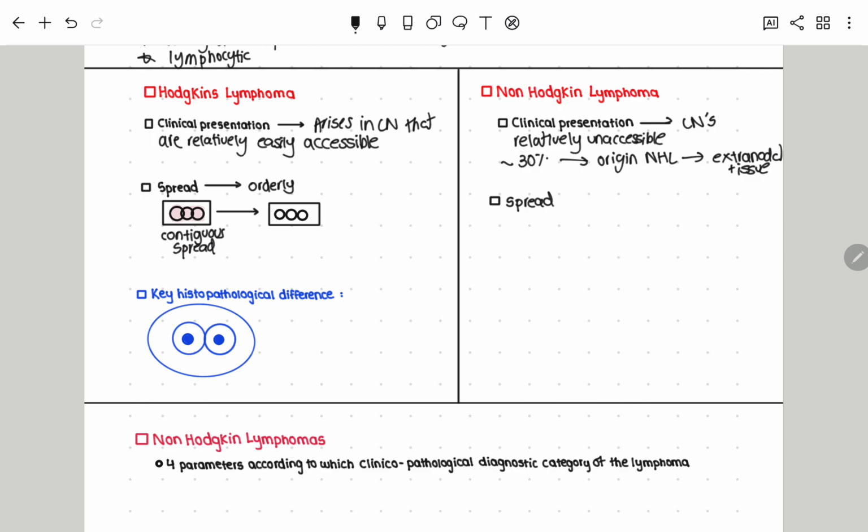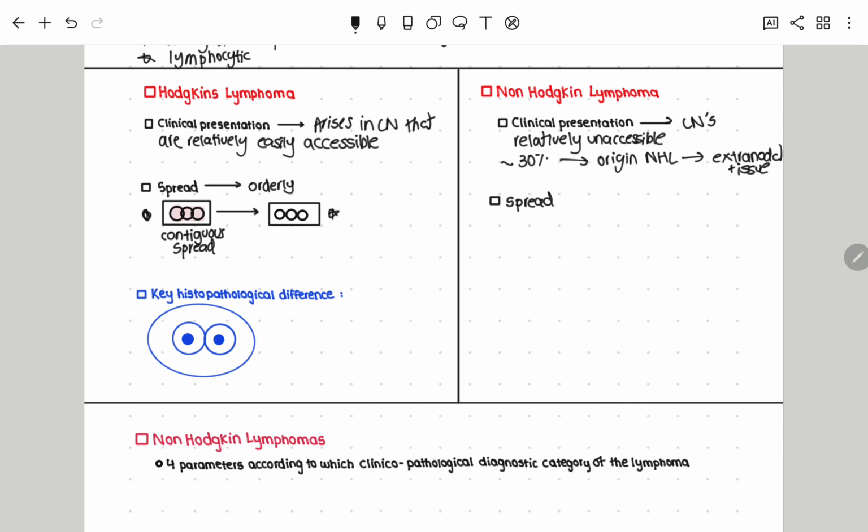What this basically means is that if these cancer cells or metastatic cells are found in one group of lymph nodes, they are going to spread to lymph nodes that are next to each other or next in line. It's not going to be as if you have these cancer cells present in the supraclavicular lymph nodes and then they end up somewhere around the abdominal lymph nodes. That's not how it works. So you have contiguous spread, which goes from one lymph node to the next lymph node to the next lymph node in an orderly fashion.